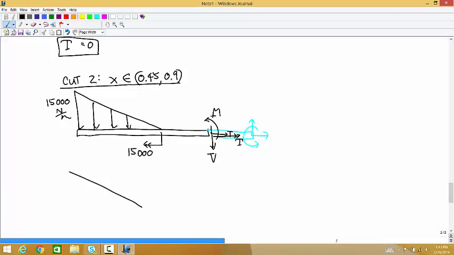That triangle has a height of 15,000, a width of 0.45. So the area, I guess 7,500 times 0.45, 3375. And the location is a third of 0.45, so 0.15.